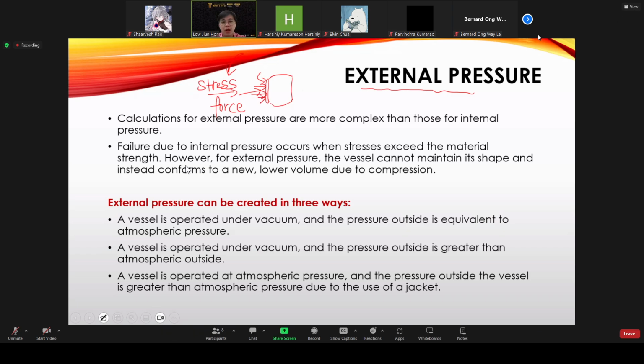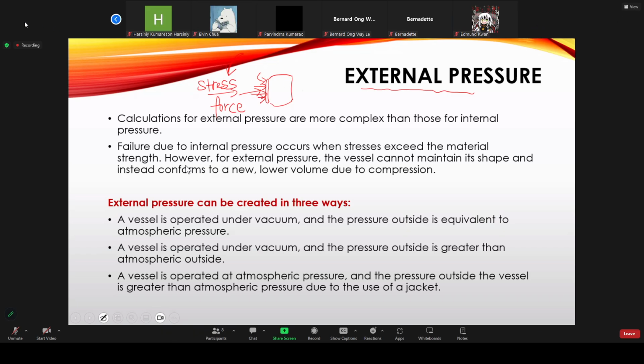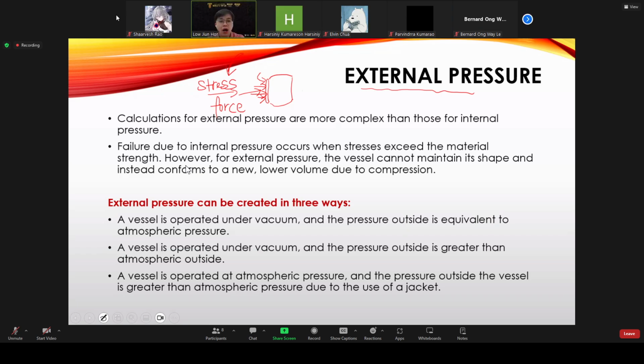So imagine if the shell of the pressure vessel is not thick enough, not strong enough to support the force due to the pressure outside the pressure vessel, what will happen if the force outside the pressure vessel is larger than the pressure inside the pressure vessel?